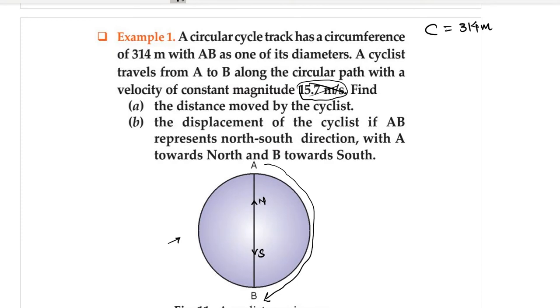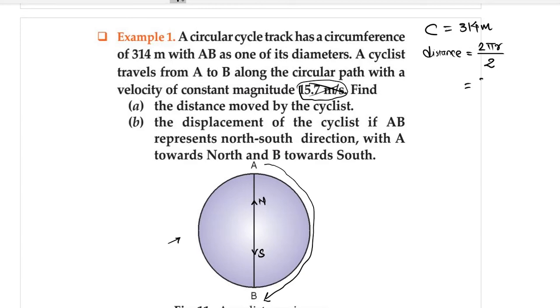First, the circumference is 314 meters. And the cyclist moves along the circular path from A to B only. Okay, A to B only. So what do we have to find? The distance. So we just saw that distance is the length of the actual path, and since the cyclist is covering a semicircular path, what is the length of the semicircular path? Circumference divided by 2.